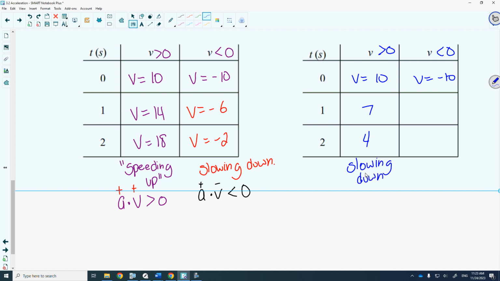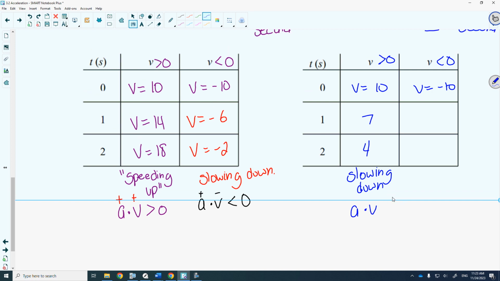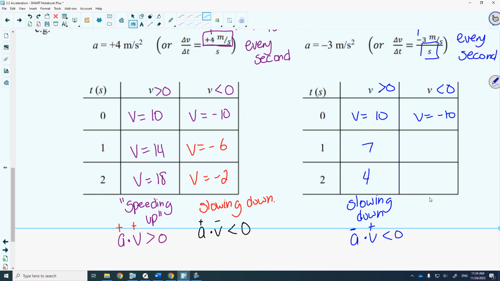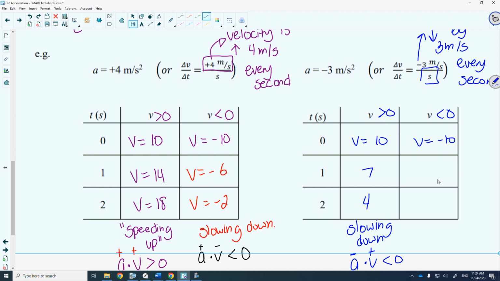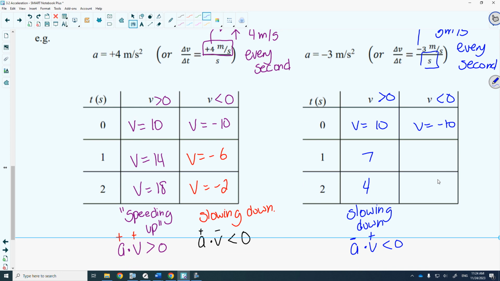But how I know it's slowing down is a times v. Acceleration was negative here, and velocity is positive. These are all positive velocities. A positive number times a negative number is less than 0, and that indicates your object is slowing down. These ones here, if I'm at negative 10 and I'm going to go down, velocity is decreasing by 3 meters per second every second, this would be negative 13 and negative 16.